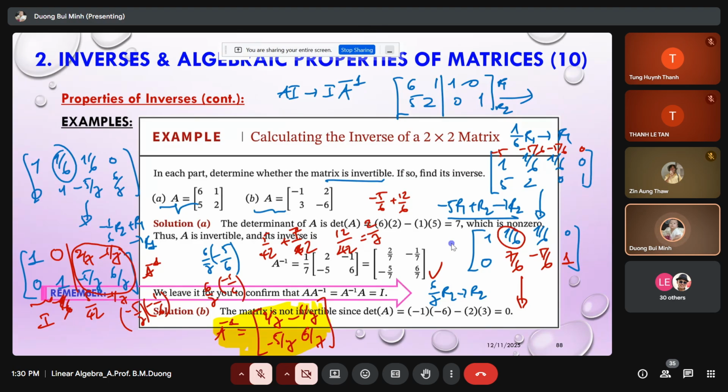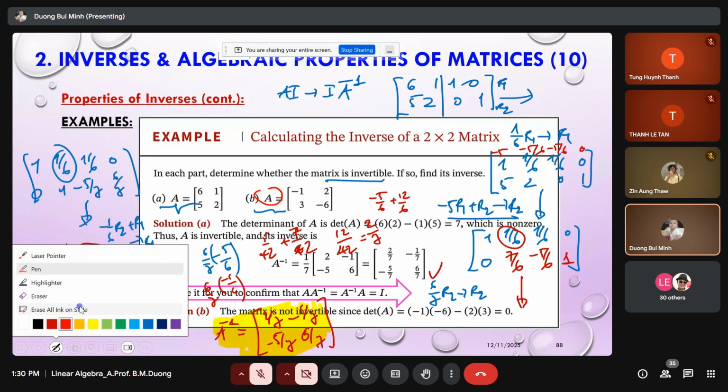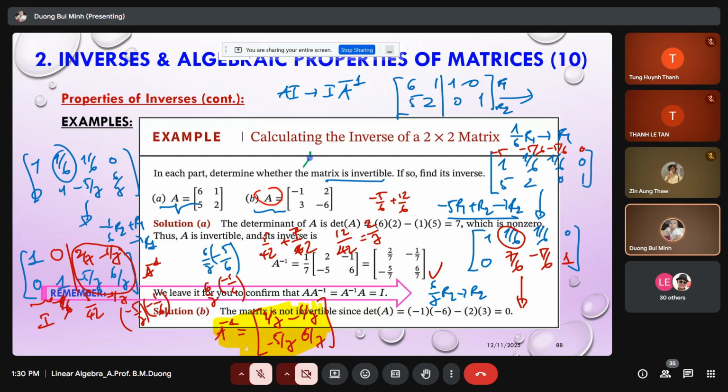Similarly, we can calculate this inverse of A. But now for this matrix, you can analyze the matrix here: this is minus 1, this is 3, this is 2, this is minus 6.